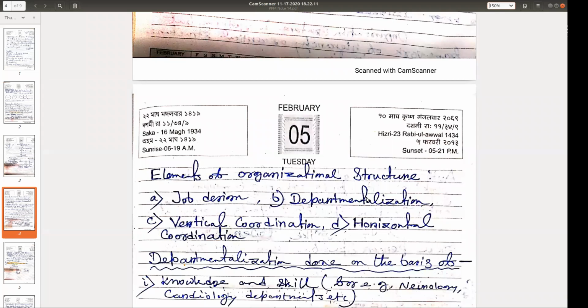The whole institute, the whole organization, has several departments, so departmentalization is one important thing. Next is vertical coordination and horizontal coordination. This is very important. Coordination. What is vertical coordination? Vertical coordination and horizontal coordination.